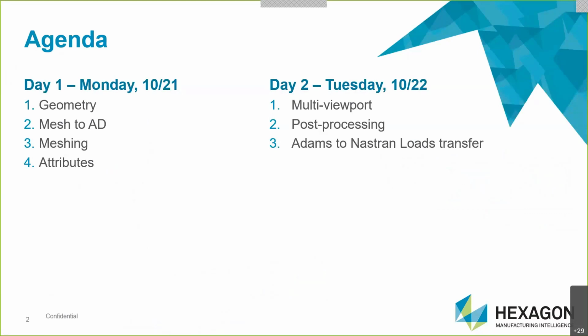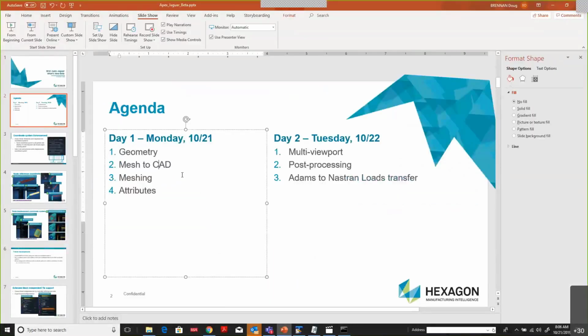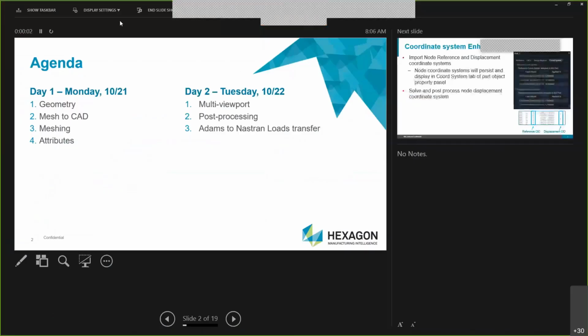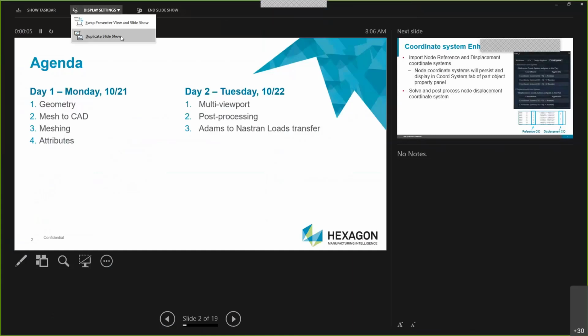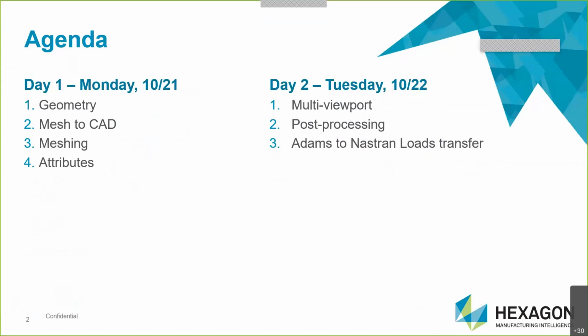So we're doing this presentation over 2 days. On the first day, we're going to cover mesh to CAD. That will consist of geometry, some new capabilities for transforming mesh into geometry, some new capabilities in meshing, and then some demonstrations and introduction to some attributes capabilities.